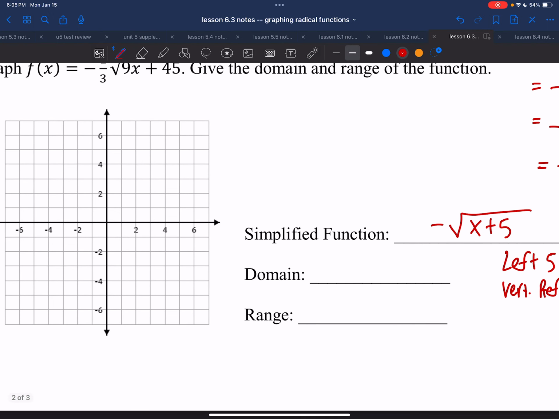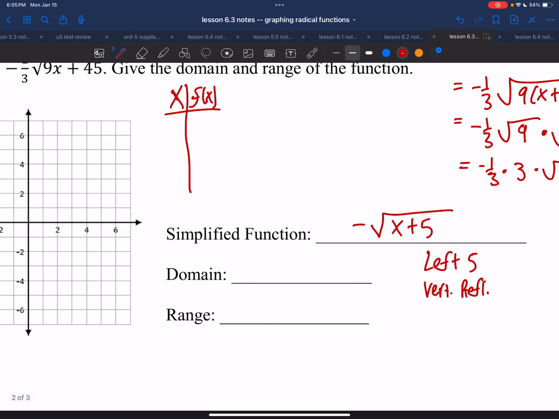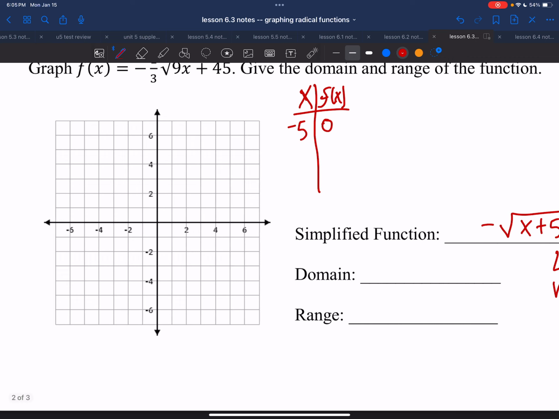We'll make a table, x and f of x. And you'll also see that this is a lot easier to plug numbers into, right? Much easier to just take stuff with 5. So you want to make perfect squares. If I plug in negative 5, of course, I will get 0, which is evident because you're moving it left 5, so the origin moves left 5 by function transformations.